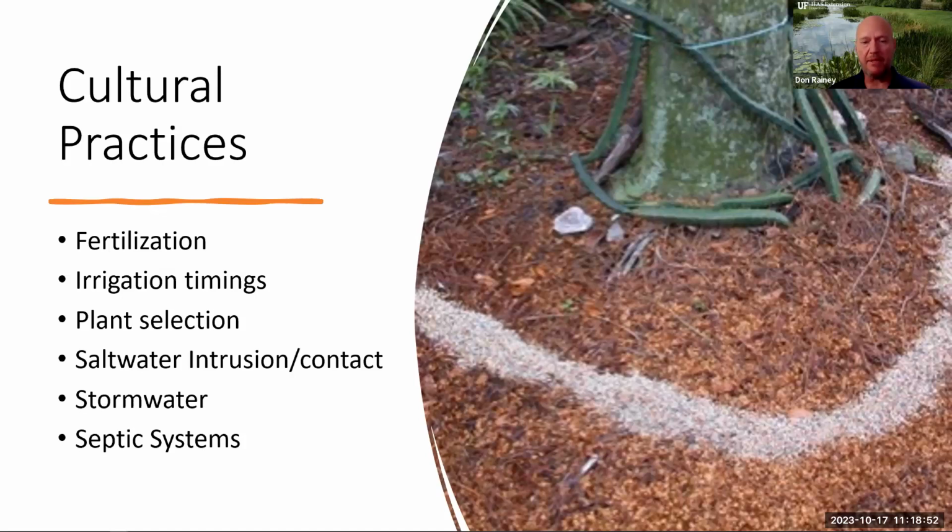Irrigation timings. You may be overwatering. If you're using a reclaimed water system that does have higher values of salinity, well, then that's definitely going to bring more application into that area. And depending on your soil type and depending on the season, it could be during the dry season, it may hold those salts closer to the surface, within probably 4 inches.